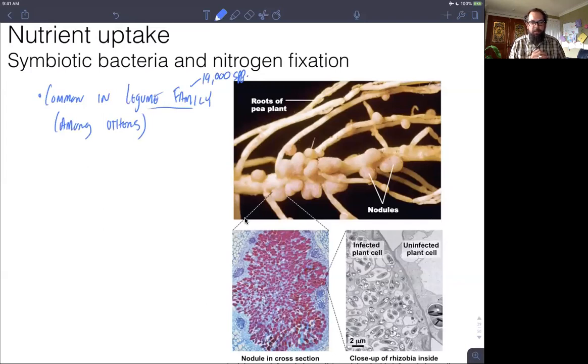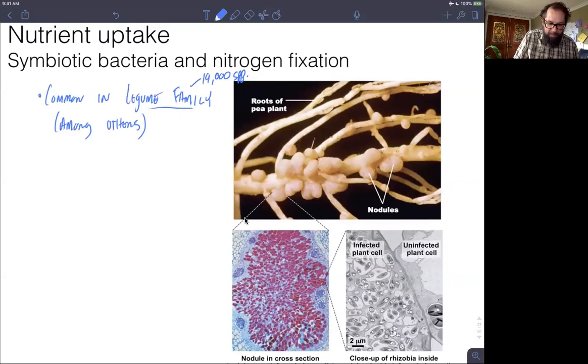I'll also mention that legumes, because of this, are often the first colonizers of nutrient poor habitats. And so after disturbances that maybe strip the nutrients from particular soils, legumes are often those first colonizers, because they can take nitrogen from the atmosphere through their nitrogen fixing bacteria.